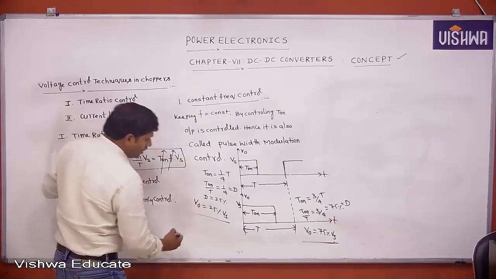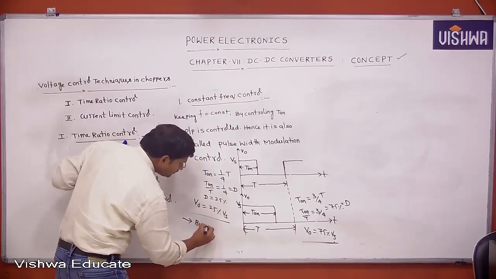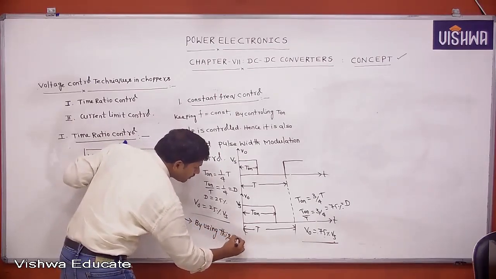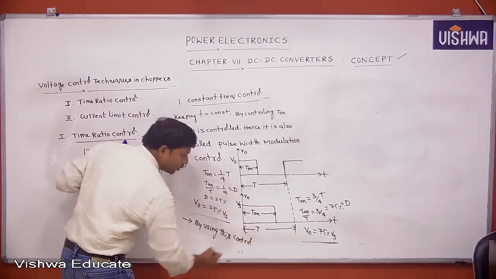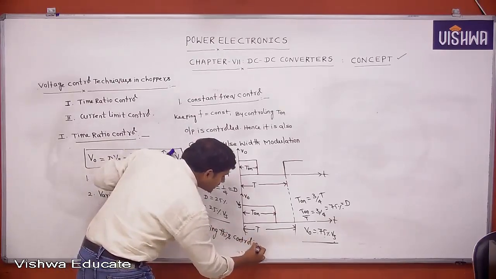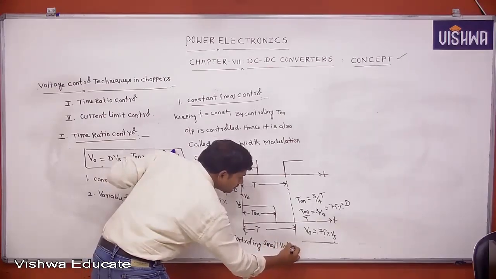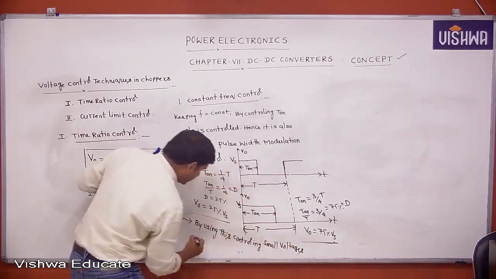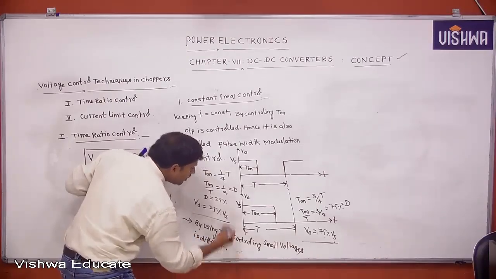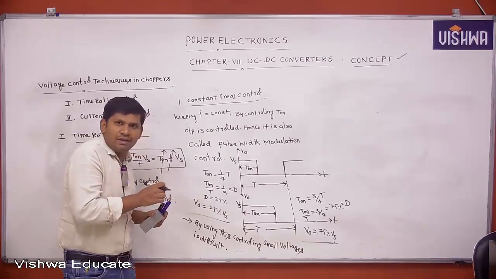But the only drawback of this control is that controlling small voltages is difficult, because maintaining a very small pulse width is very difficult.